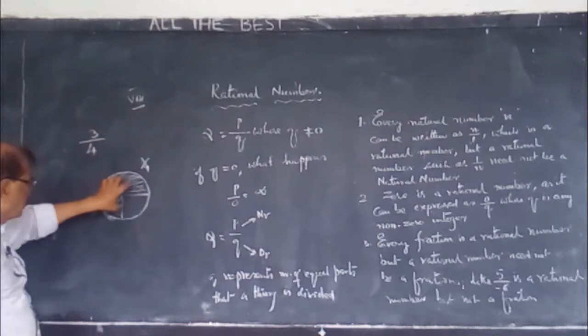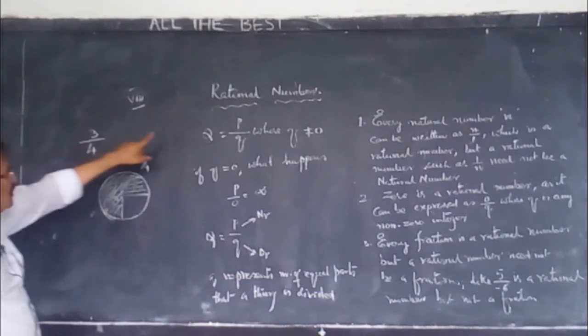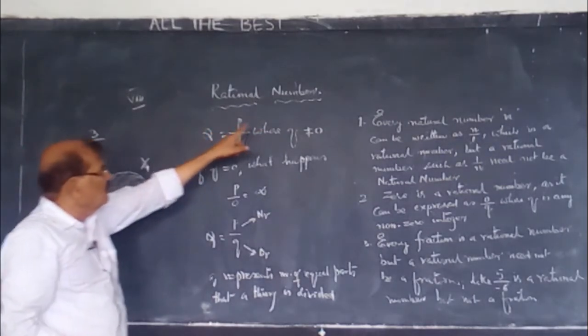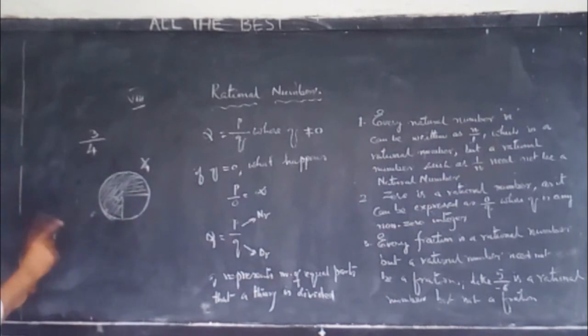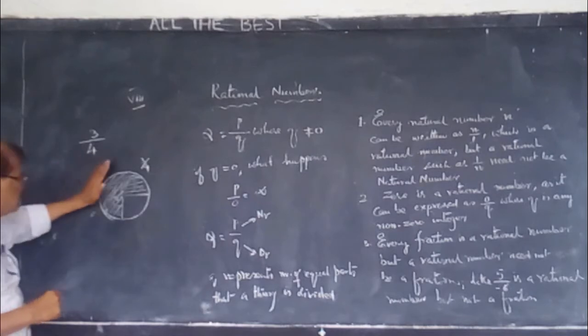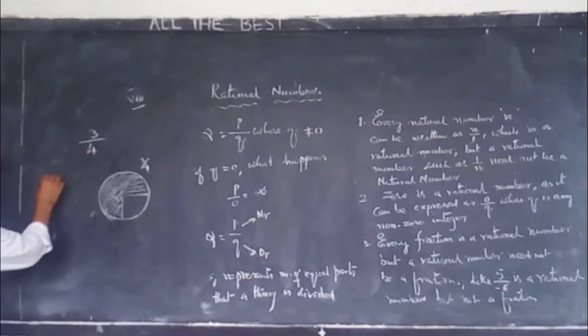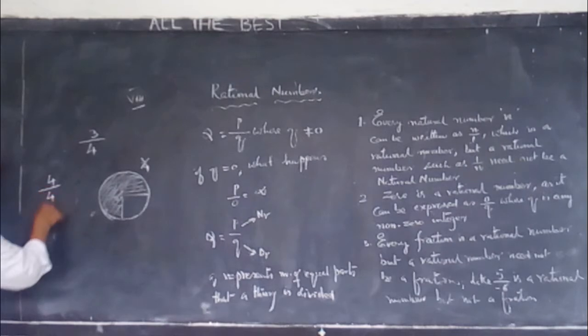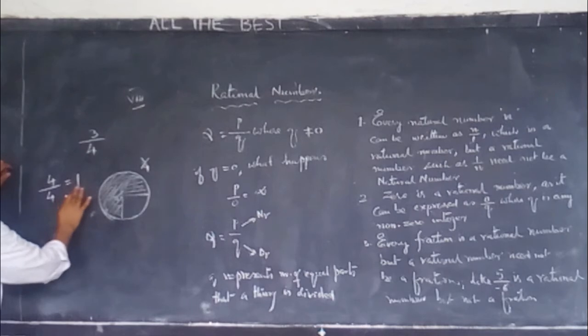If you take a part of it, 3 by 4. So the value of a rational number is always less than 1. This point we must remember well. 3 by 4 is a rational number. If you take 4 out of 4, it is 1. It is a natural number.